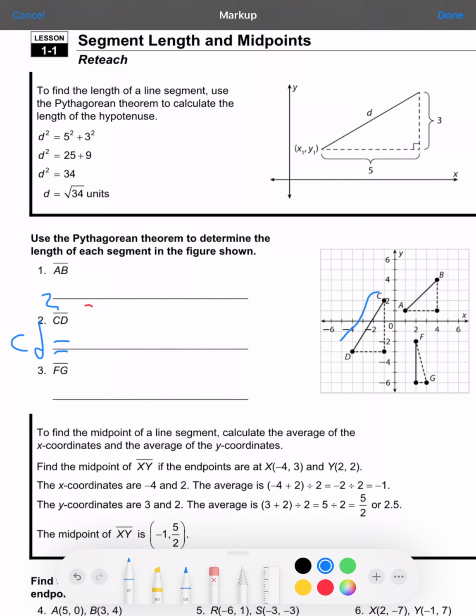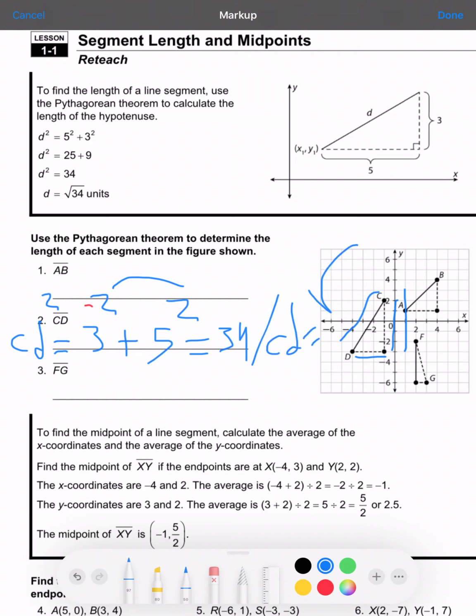This side is 1 2 3, 3 units, so 3 squared, plus this side is 1 2 3 4 5, 5 units, so 5 squared. 3 squared equals 9, plus 5 squared equals 25. 9 plus 25 equals 34. So CD equals root of 34.